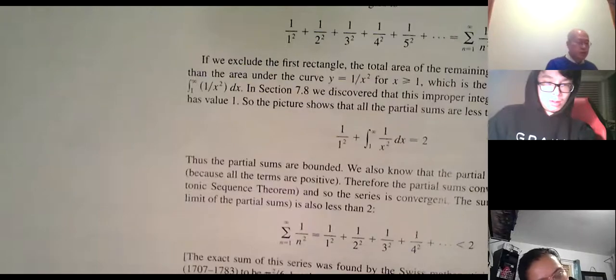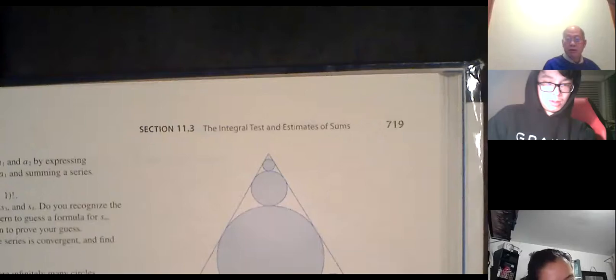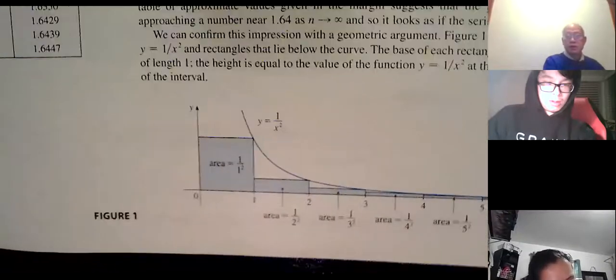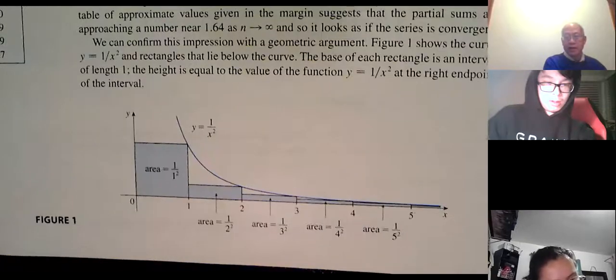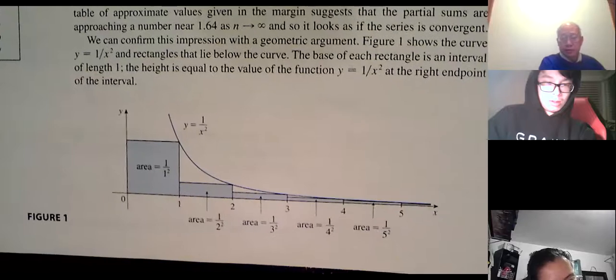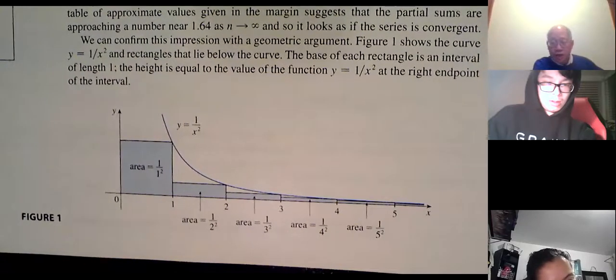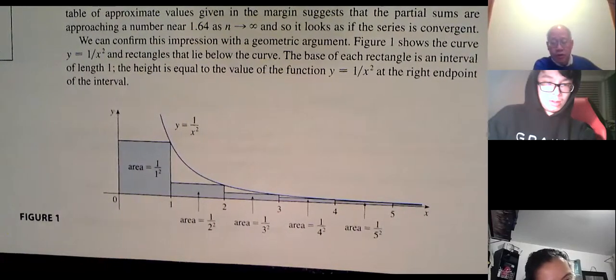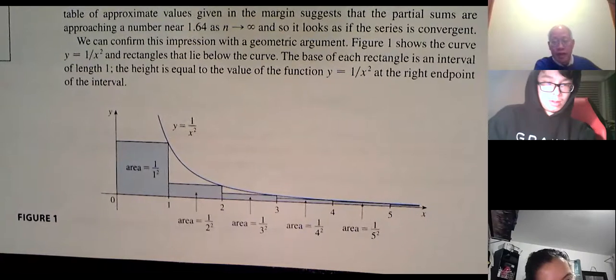If you want to see a proof of it, the book goes over the mini proof on the bottom of 719. So it's there. You can look at it or not. They're trying to show you the convergent case here. What they're trying to show is if you take the sum of the areas of all those rectangles, it's less than the area under the curve.